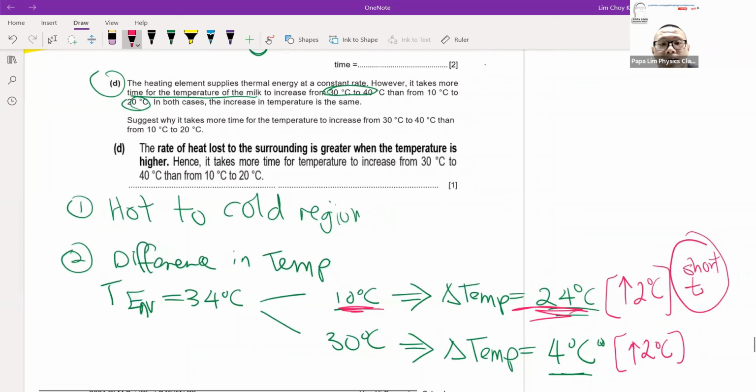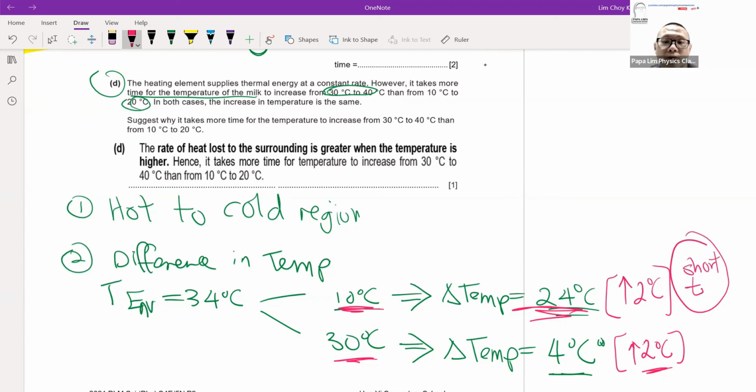If I'm already at 30 degrees Celsius and I want to increase by 2 degrees Celsius, the difference between the object and the environment is not a lot. Because the difference is quite small, increasing that 2 degrees Celsius is very, very difficult.